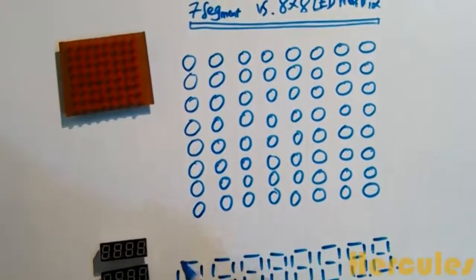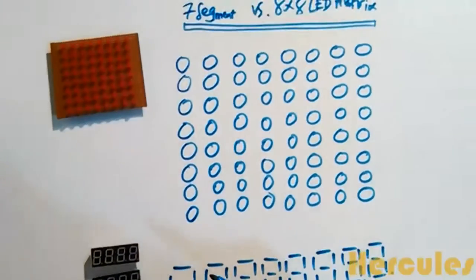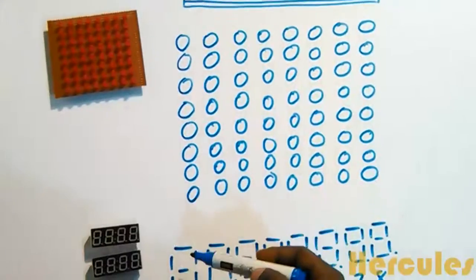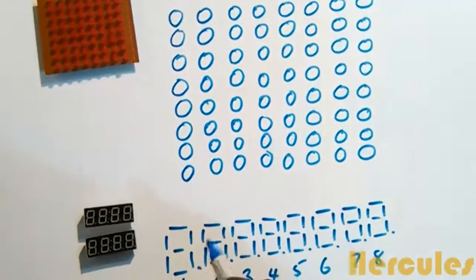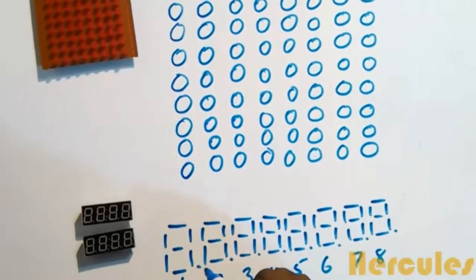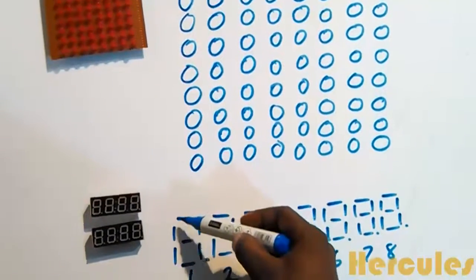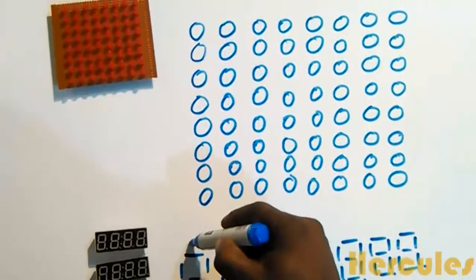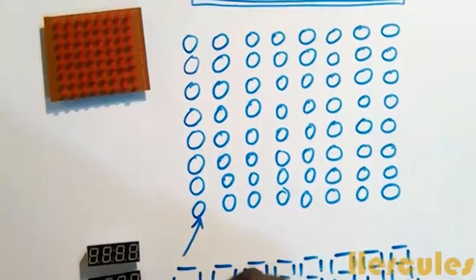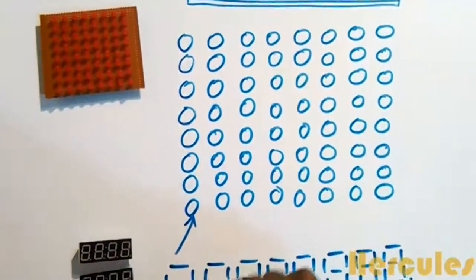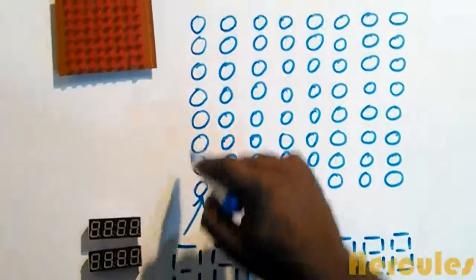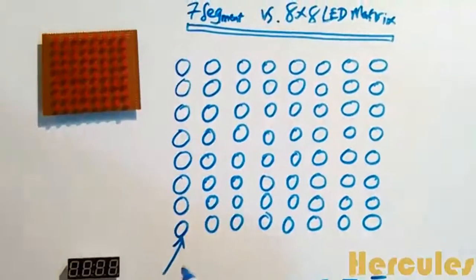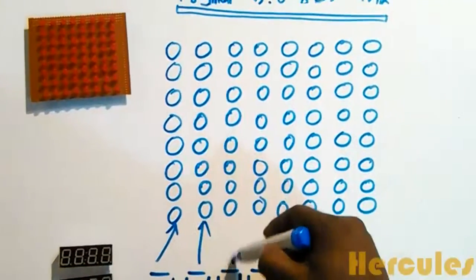And comparing it with the 7 segment, which actually has 8 segments: we have A, B, C, D, E, F, G, then the decimal point makes it 8. We can map this to say that one 7 segment unit represents one column of an 8 by 8 matrix, and so on.